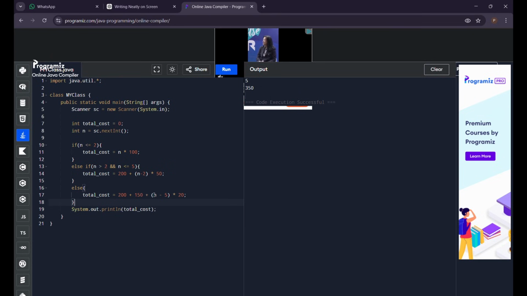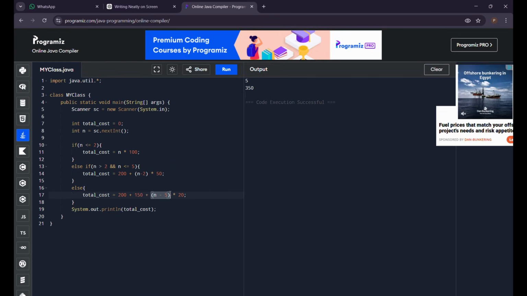The last part is n minus 5, that is total number of hours minus 5, because for the first 5 hours we have already calculated the cost, and for the remaining hours we are calculating the cost by multiplying it with 20. If any one of the conditions is satisfied, the total cost will be calculated, and that cost will be printed using System.out.println.